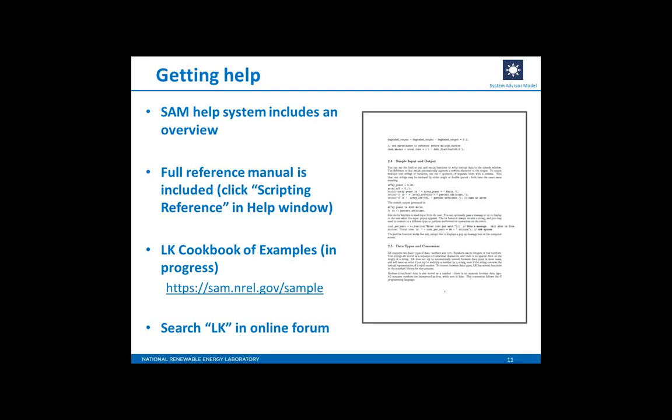Like there's examples for working with the CSV files. There's a plotting example. There's an example on how to run simulations in parallel on multiple processors. So there's a lot of example code that we're working on expanding. And then you can also search LK in the online forum, of course, to see what other questions and problems people have run into.